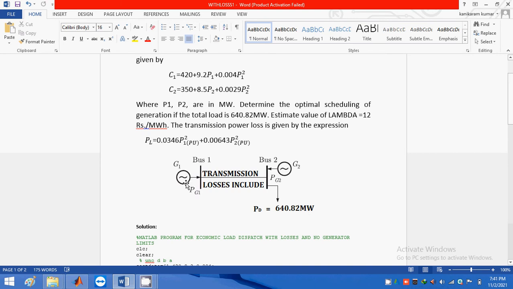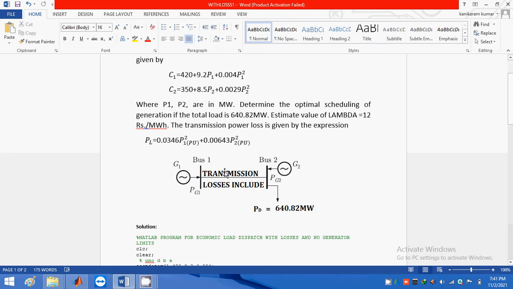Initially I have two thermal generating units, and both generate power, but I don't know how much power will be generated from each unit. So in this problem I need to find each generating unit's voltage and terminal power, and I am also considering transmission line losses.